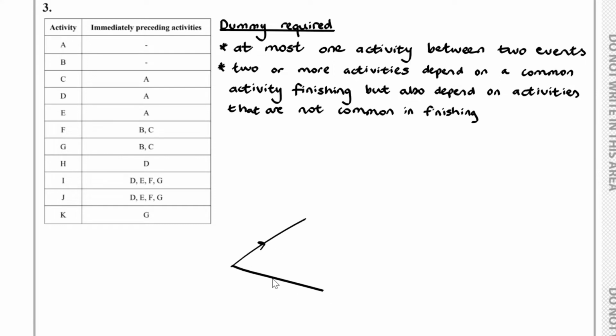So we've got A and B, okay? And take off as you're going along. And then we've got C, D and E which all depend on A.